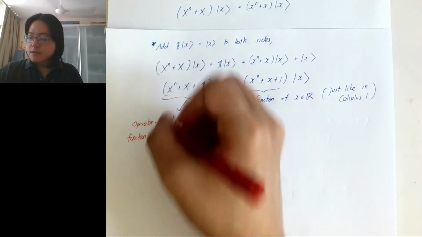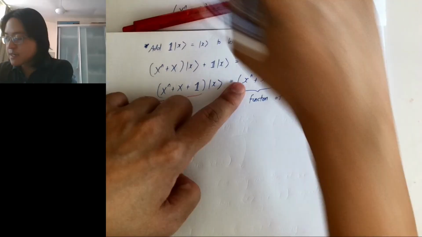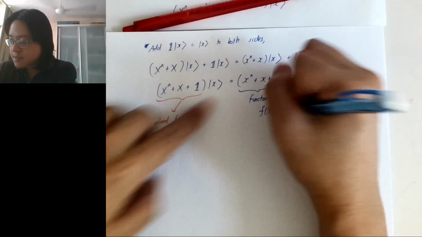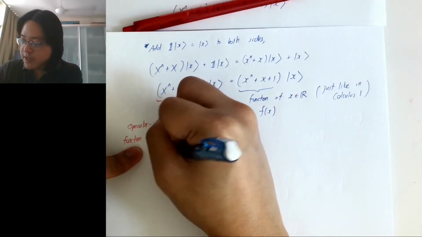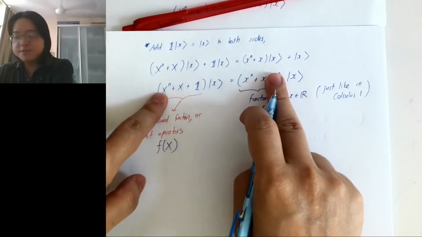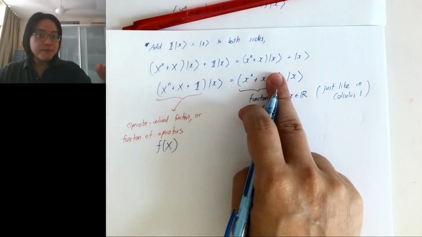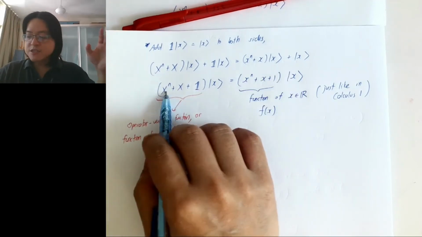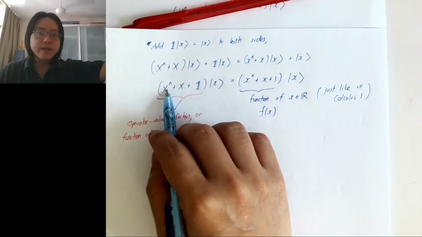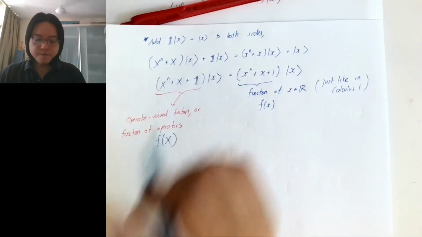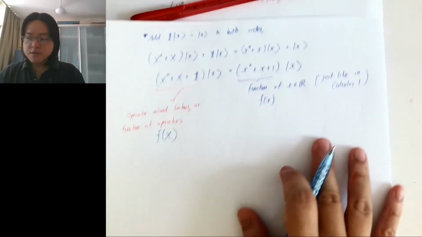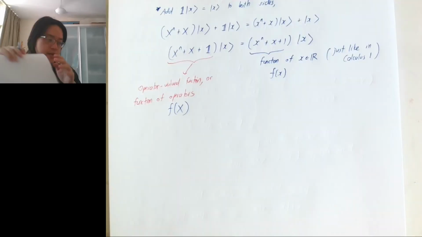If this function is called f of x, then this is f of big X. It's the same structure, everything the same, but I just change all the little x into the big X, into the operator. This is how we define the potential energy.